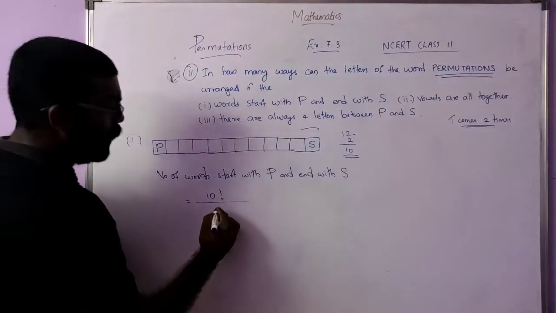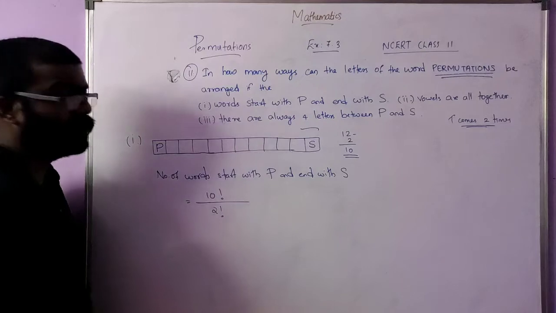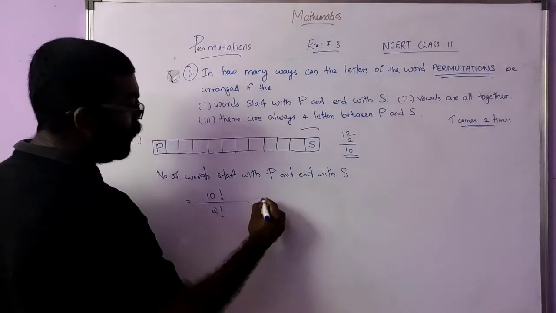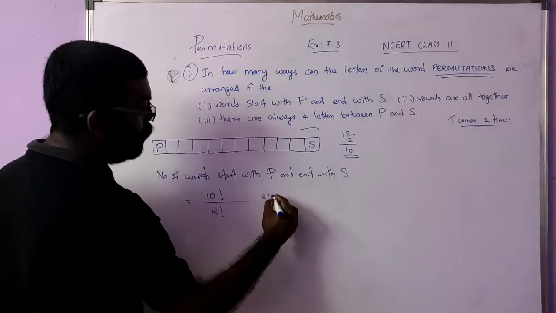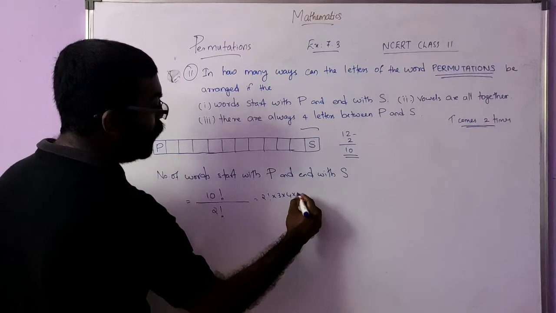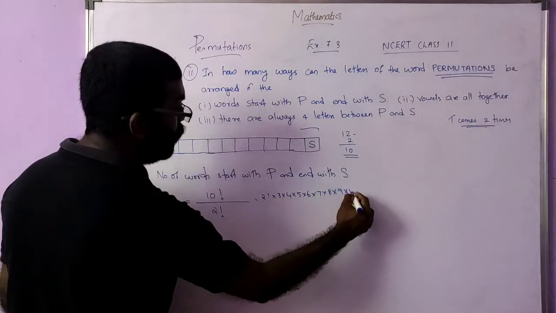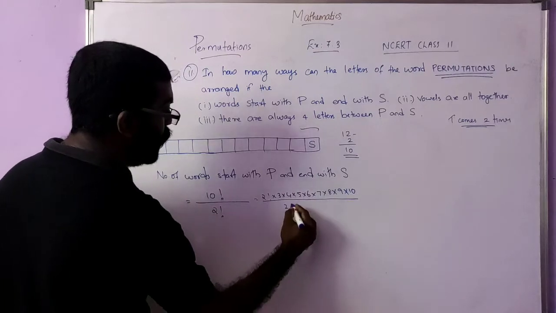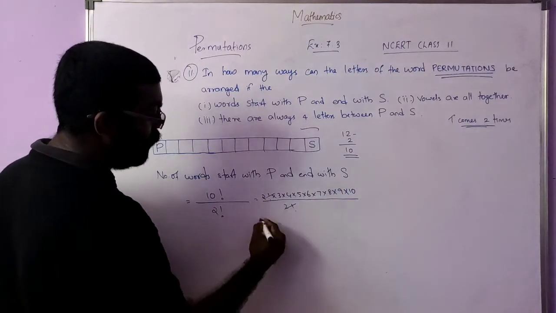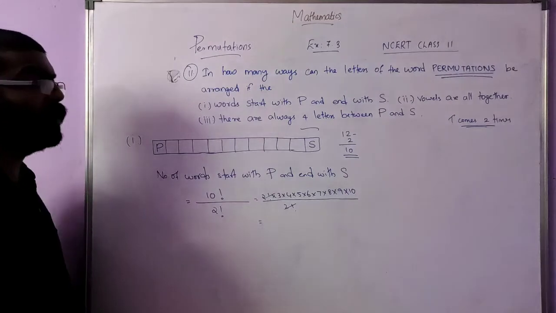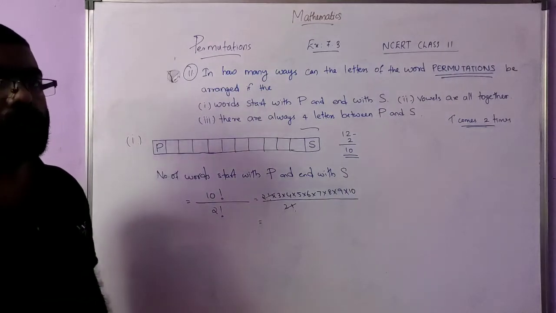So we can write 10 factorial by 2 factorial. It is equal to 2 factorial into 3 into 4 into 5 into 6 into 7 into 8 into 9 into 10 divided by 2 factorial. 2 factorial we can cancel and the remaining numbers we can multiply to find the final answer.